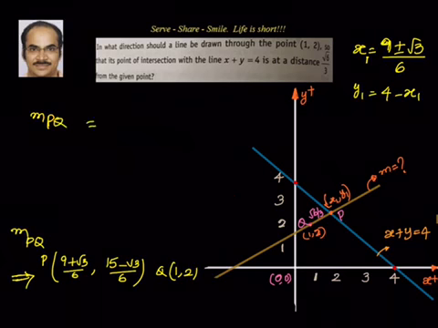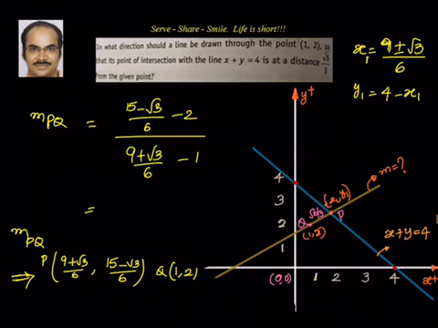slope of PQ equal to 2 minus, can we say 15 minus, easy way, 15 minus root 3 by 6 minus 2 divided by x2 minus x1, 9 plus root 3 by 6 minus 1.